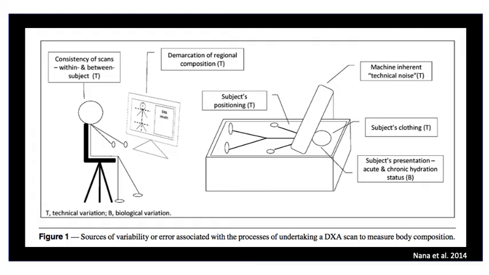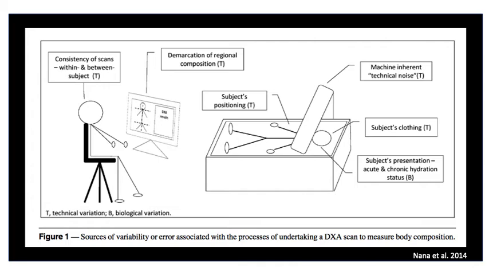So here is a nice optic showcasing some of the sources of error. Remember, every method has sources of error that you want to try to mitigate and decrease. Here are the sources of variability and error associated with undertaking a DEXA scan to measure body composition.